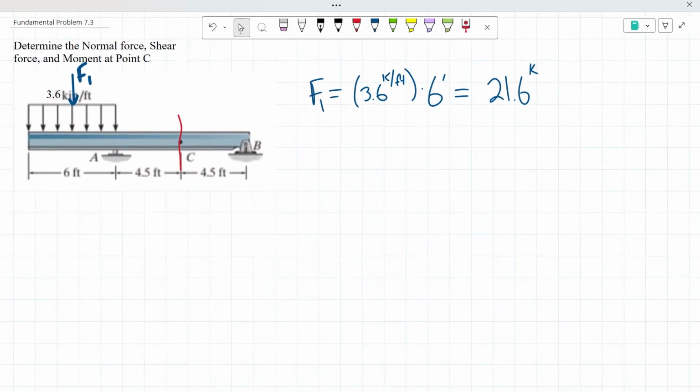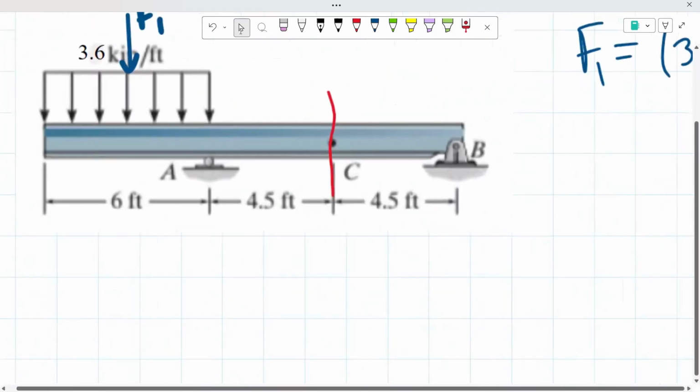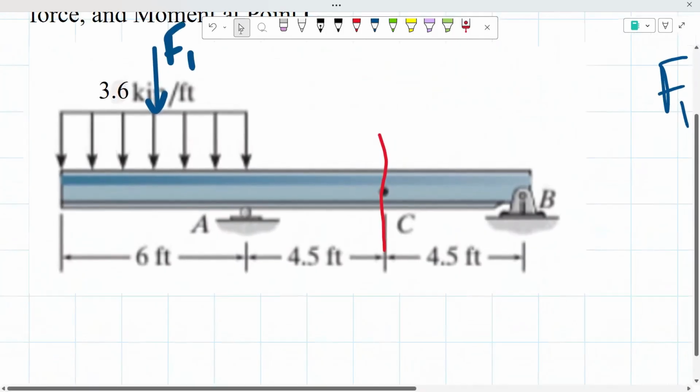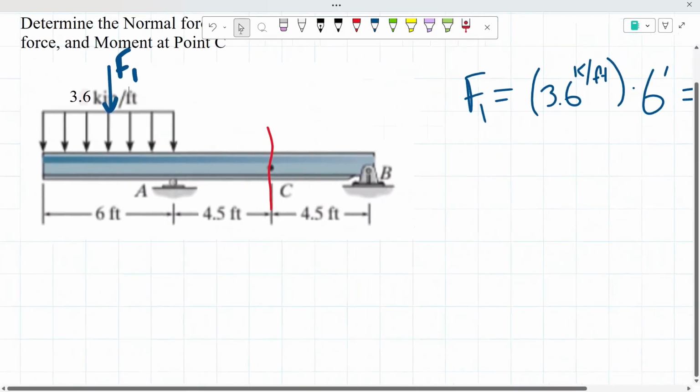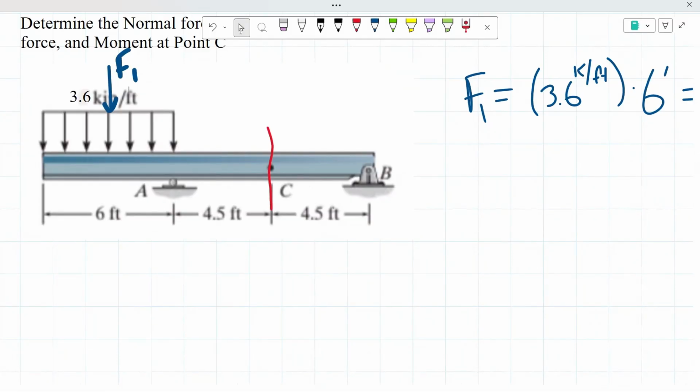So now that we have our concentrated force, we can determine the value of our reaction at A sub y. Since it is a roller support, we know it's going to be a vertical reaction. We have to assume whether it's going upwards or downwards. I'm going to assume that it will be going upwards, and we're going to name it A sub y.